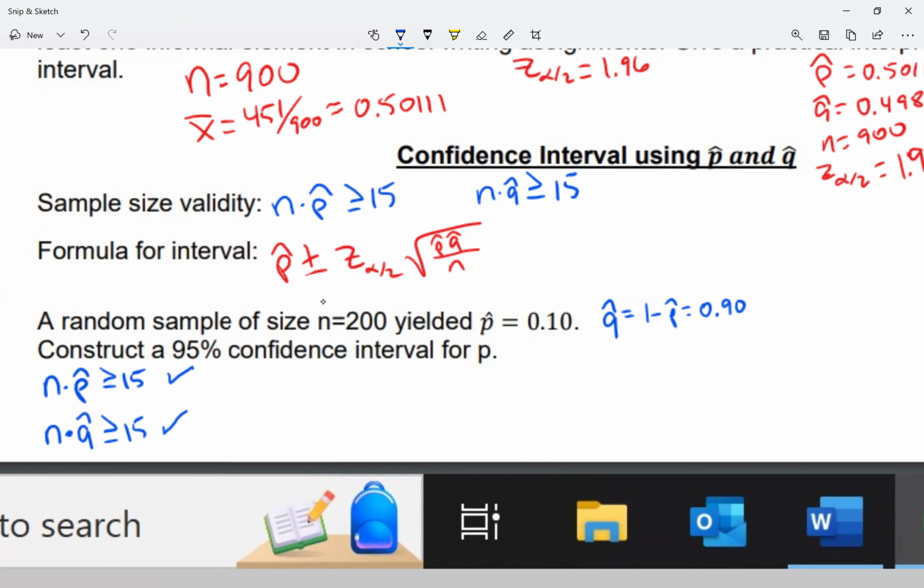If they both pass, then I'm going to use my formula. I know my p hat is 0.10, so I'm just going to do 0.10 plus or minus my c-score. For a 95% interval, according to our table from last week, my c-score is 1.96. Then I multiply by the square root of a fraction. Inside the fraction, I'm going to go 0.10 times 0.90, so p hat times q hat, divided by 200.